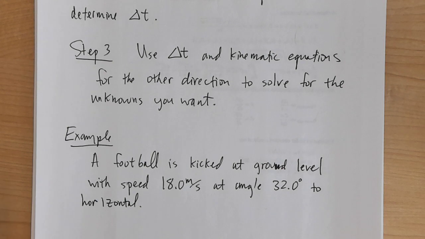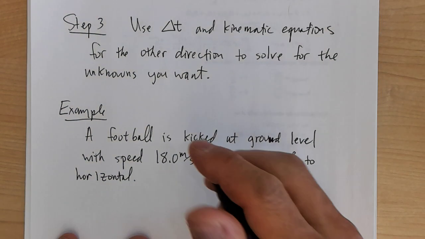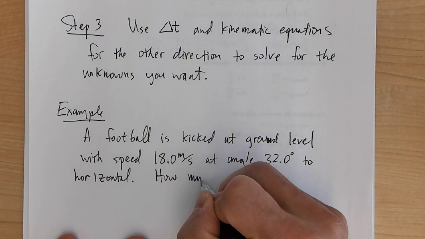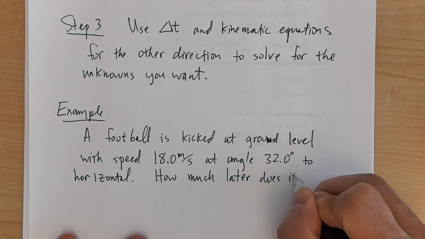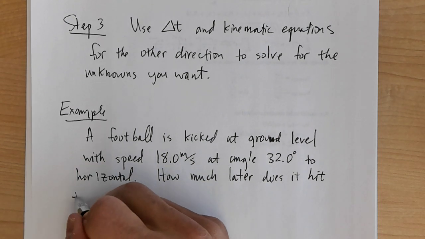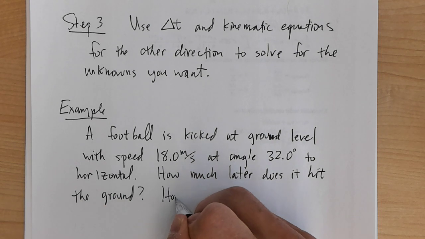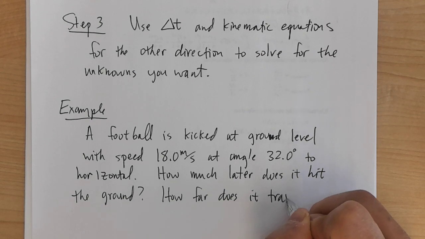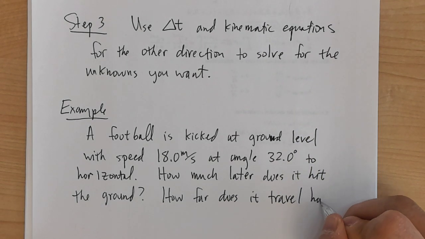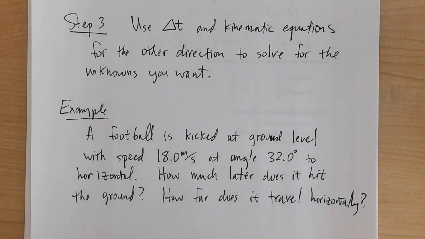Clearly it's above horizontal because the ground won't allow it to go below horizontal. And the question is, how much later does it hit the ground? And the other question you might ask is how far does it travel horizontally? I didn't say horizontally in the notes, but that's what I meant.